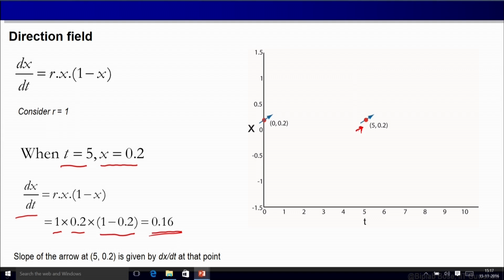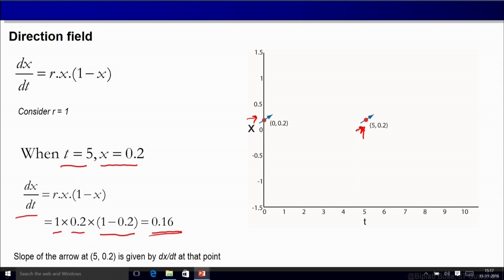You have a point at 5, 0.2, that is time is 5, x is 0.2, and there I have drawn an arrow having slope 0.16, that is equivalent to almost 9 degree. If you notice, this arrow and this arrow are actually parallel and their slopes are same.